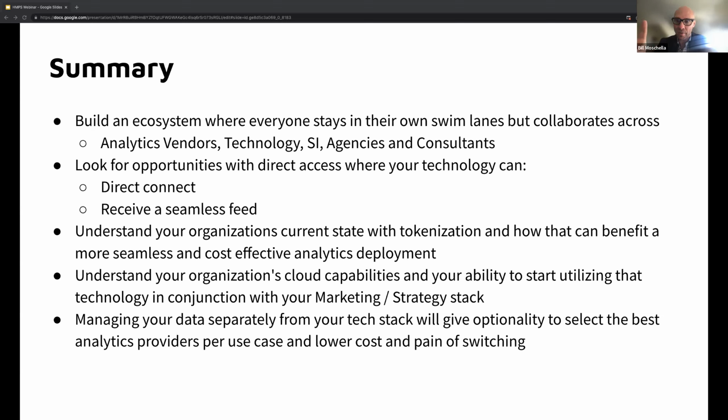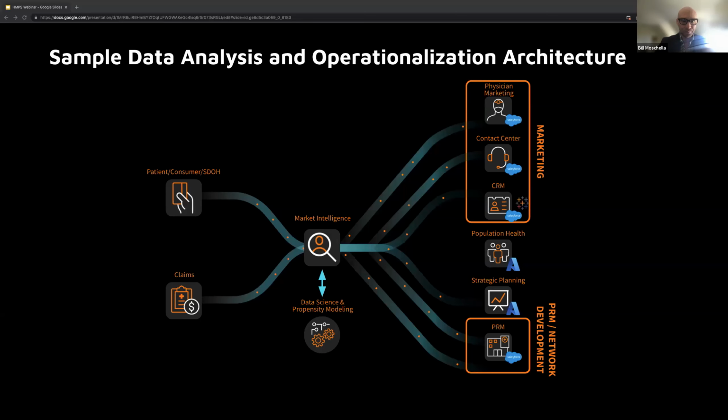Now, the second part of that question goes into taking action from your data warehouse and feeding back. So I'm going to go back a slide here, and I'm actually going to go to this slide. If I take that question and look at it on the screen here, that market intelligence, data science, and propensity modeling area is most likely this customer's centralized warehouse, right?